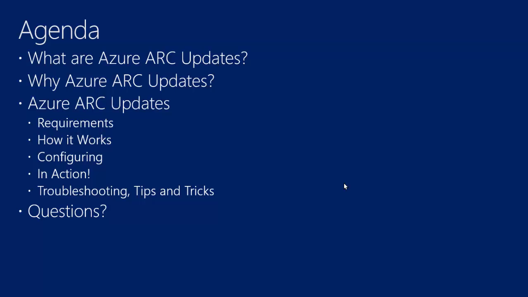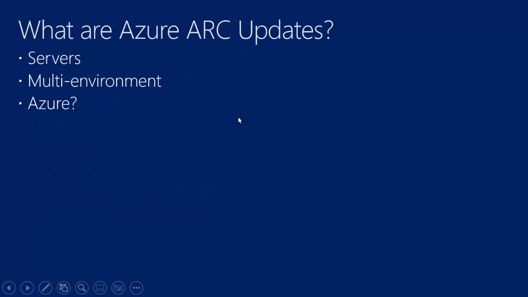So whenever we talk about update management with Azure Arc, what that simply means is that we're managing updates on your servers, physical, virtual, wherever they are, in Azure or not in Azure, but enabling that non-Azure management by connecting them with Azure Arc. That's really all we're talking about, so I wanted to be clear on that.